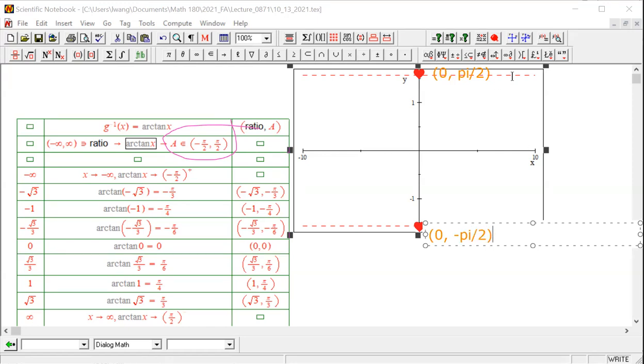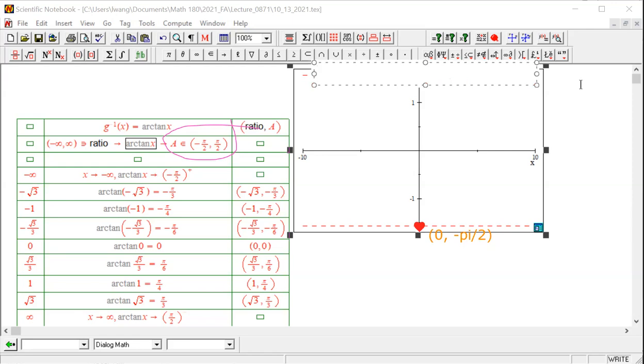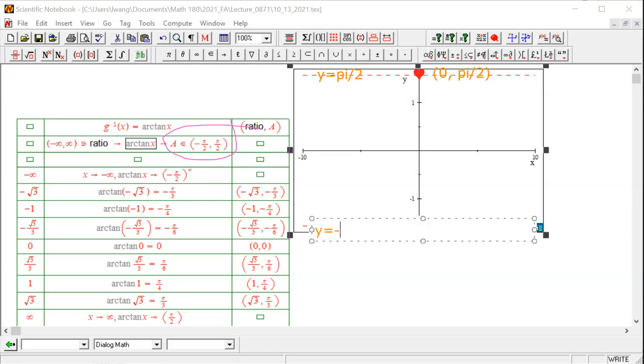The line on the top is y equals pi over 2, the constant function. Remember the first function in the table, basic 1, that's a constant function. The second one is y equals negative pi over 2. So our curve is bounded between these two lines, extending in both directions indefinitely.